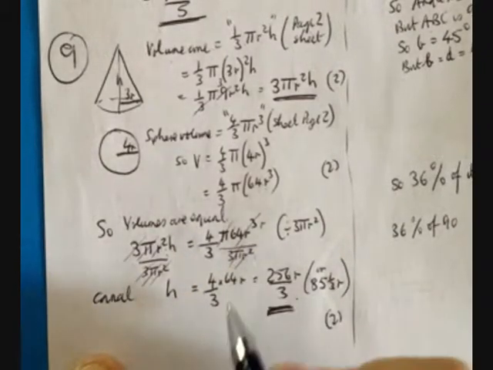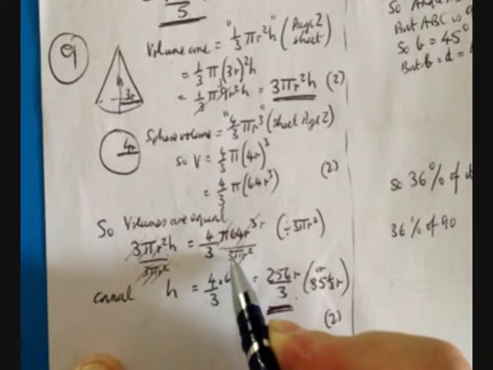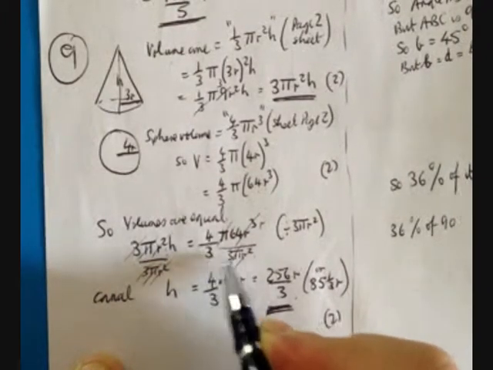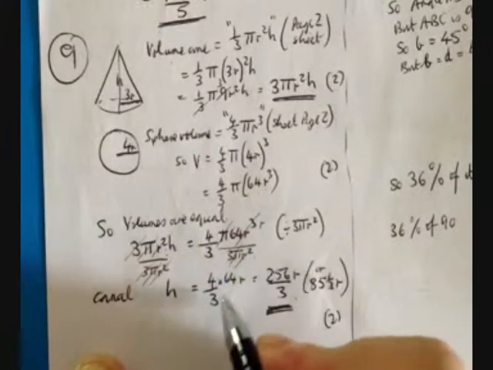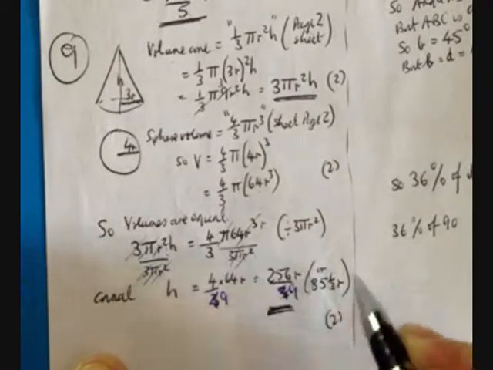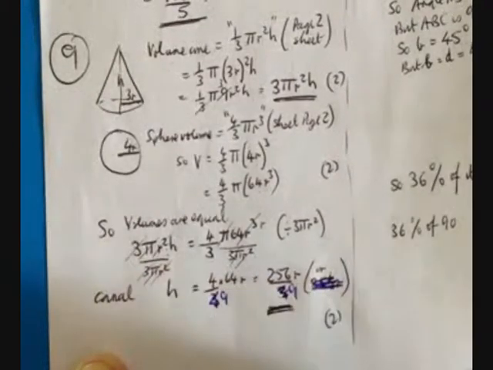I think I missed out a 3 there, did I not? There's a 3 there when I did this. I've got 4/3, and a 3 there. So I've messed it up. That is a 9, so that should be a 9. So that is no longer correct. Oops.